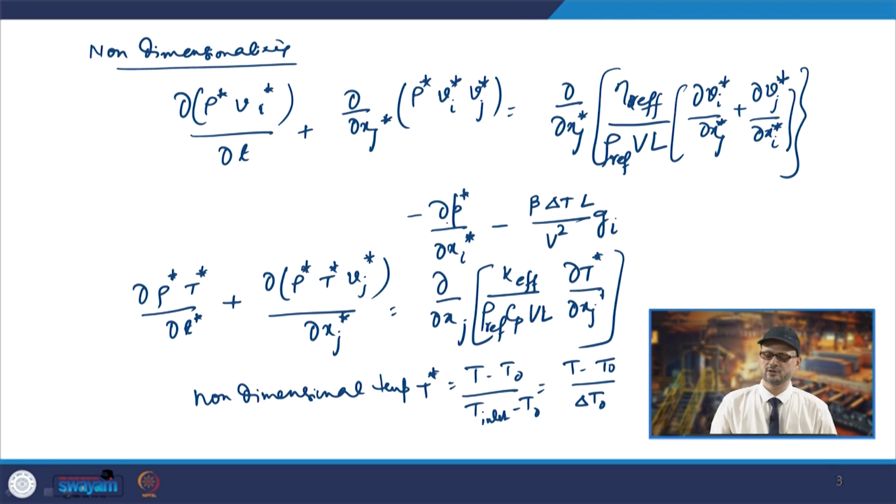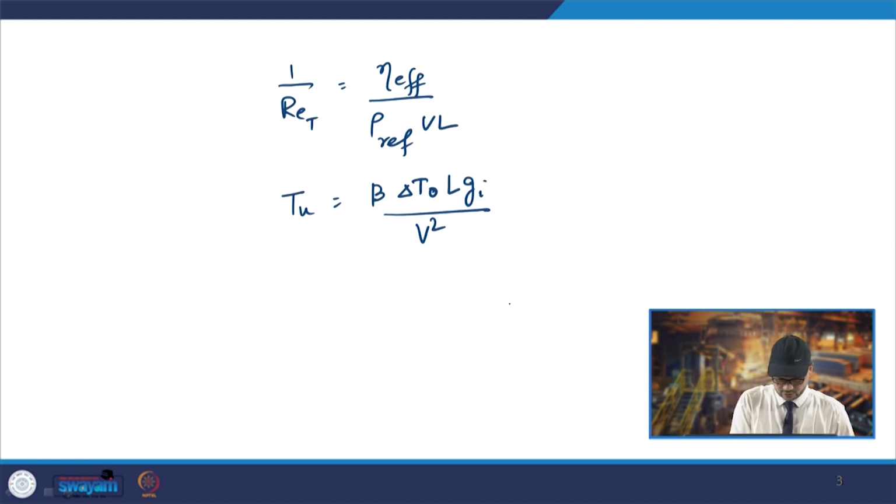And one more number is coming here. If you look at this, it is nothing but the inverse of the product of the turbulent Prandtl number and the turbulent Reynolds number. So, this is 1 by the turbulent Prandtl number and the turbulent Reynolds number.